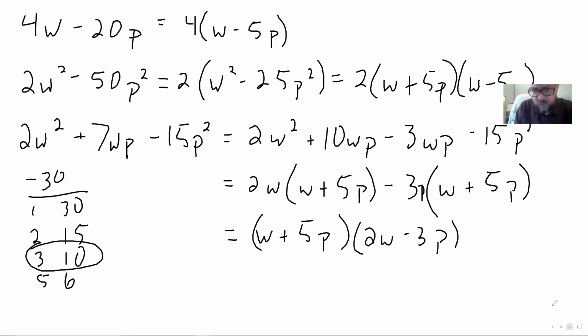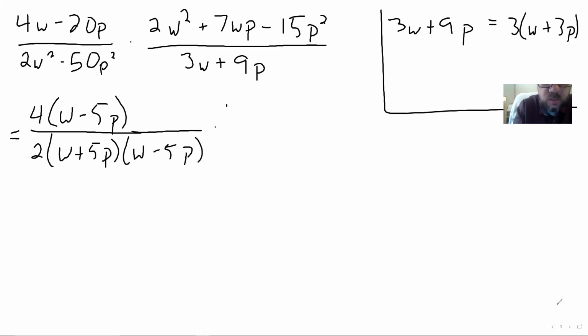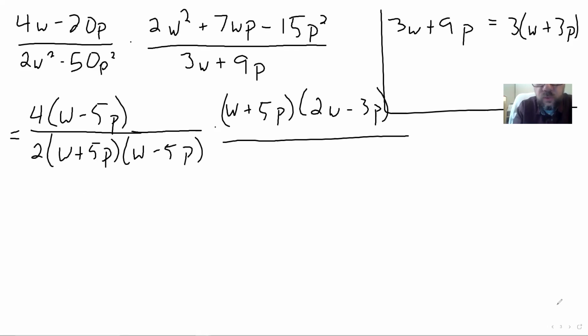That was w plus 5p times 2w minus 3p, all over 3 times w plus 3p. Okay. Did I do that? Yeah. All right, so let's see what cancels.